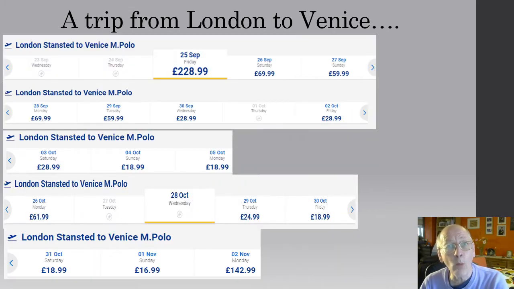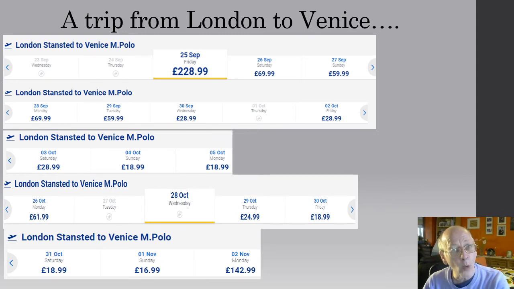What about the following Wednesday for exactly the same flight? £28.99. If you look down for the 4th of October, £18.99. If you look down on the 1st of November, £16.99. Following day, 2nd of November, £142.99. Go back to the 26th of October, £61.99. It's up by quite a lot.